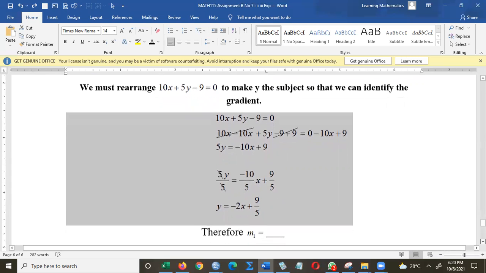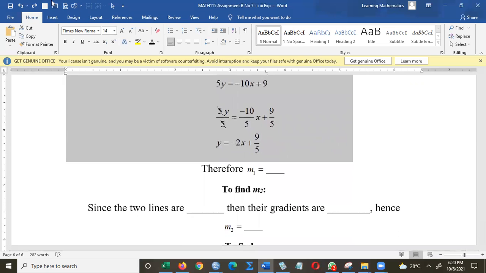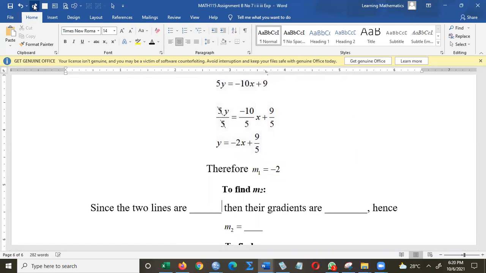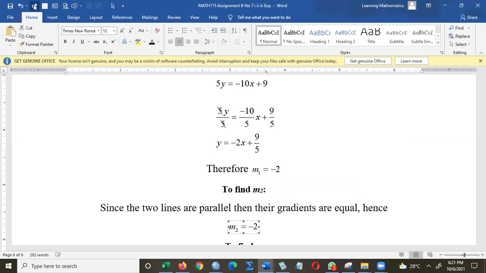So therefore now, since m1 is negative 2, m2 is supposed to be negative 2 also, because parallel lines have the same gradient. The gradients are equal. Hence, m2 has to be negative 2 also. m1 is negative 2, m2 is negative 2. So therefore, now we have the gradient of that new line, which is negative 2 also.